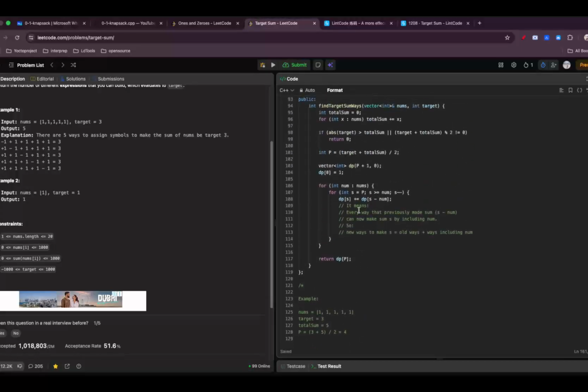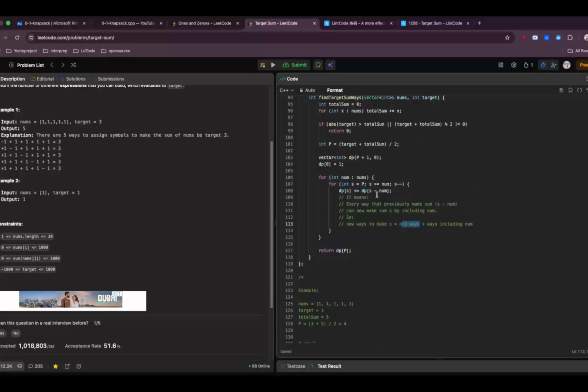So what exactly we are doing is, every way that previously made sum s minus num can now make sum s by including num. So new ways to make s equals old ways plus ways including num. But in the old ways there could be something counted more than once if it was a forward loop.